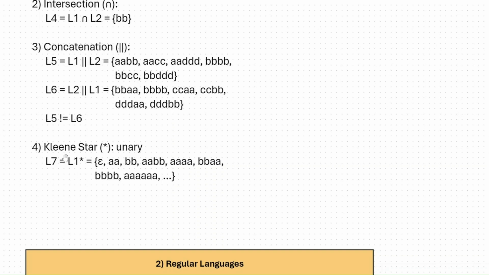So, Kleene star of language 1 can include empty string, which means 0 occurrence. It can include AA, BB, which is the element of language 1. Then it can also include AABB because it can include several occurrences of language 1. AAAA, BBAA, and it continues like that. This resulting language is an infinite set.